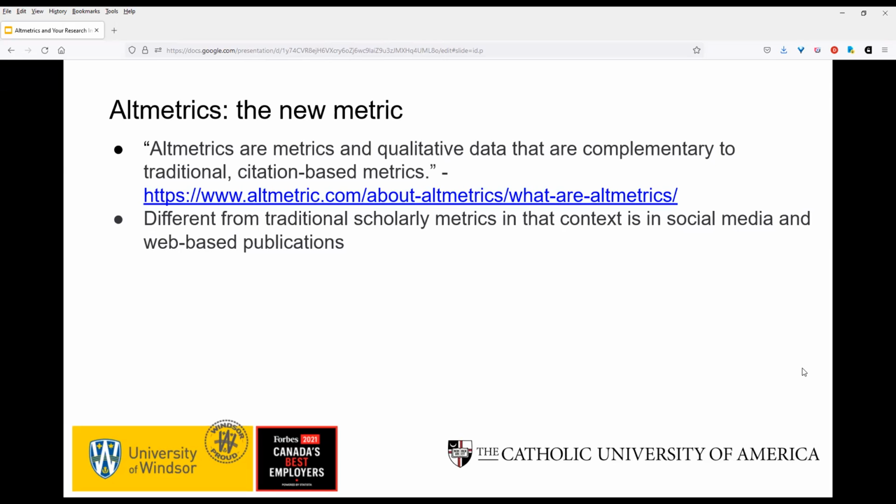And the Washington Post picks up this story and publishes a story about it. And somebody reads that story and goes on to the Washington Post website and tweets about it. And then somebody sees that tweet and they share it on Facebook and also on LinkedIn, etc. And these are good examples of the kind of life stream of an altmetric.